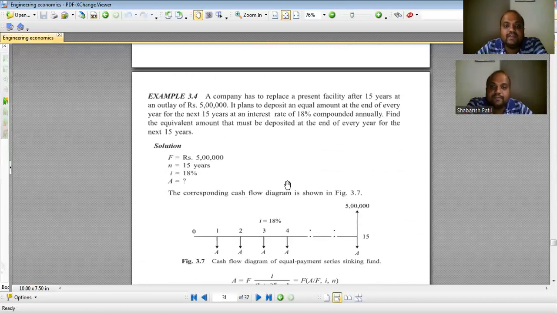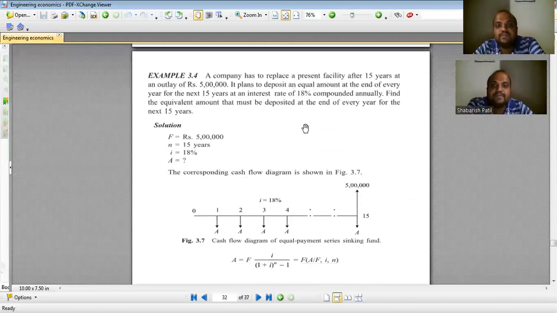The next numerical is, a company has to replace a present facility after 15 years at an outlay of rupees 5 lakhs. It plans to deposit an equal amount at the end of every year for the next 15 years at an interest rate of 18% compounded annually. Find the equivalent amount that must be deposited at the end of every year for the next 15 years.